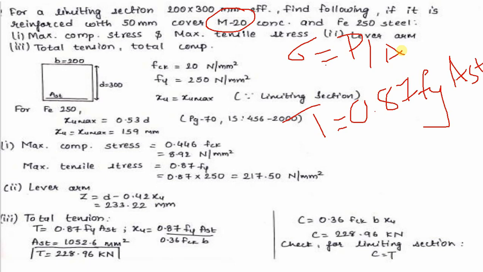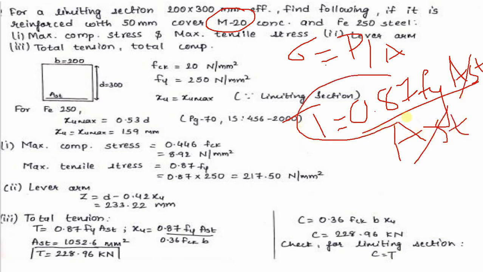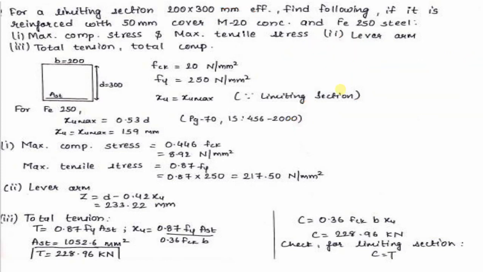Force is already 0.87 Fy AST, dividing by area, that is AST, gets cancelled out and the value becomes 0.87 Fy. So the maximum tensile stress is 0.87 Fy. Substituting it, we get the answer 217.5 Newton per mm square.